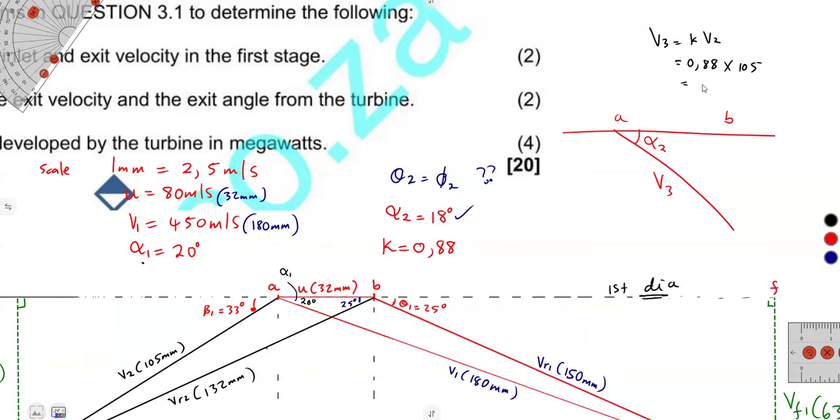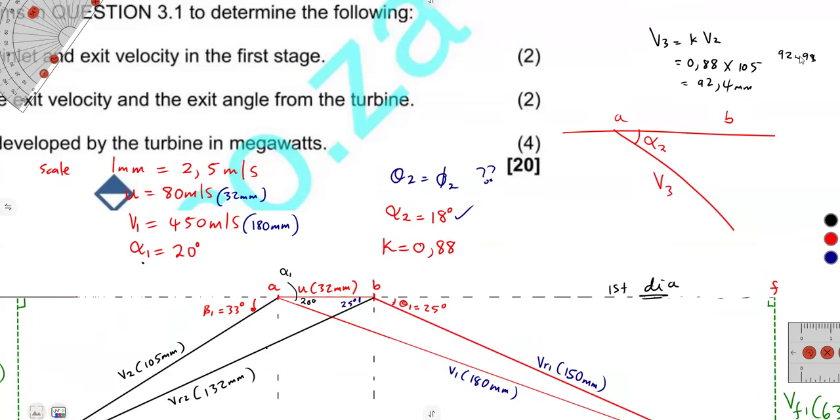That gives us 92.4 millimeters. 92.4 is approximately 92.5, so you can take between 92 and 93.